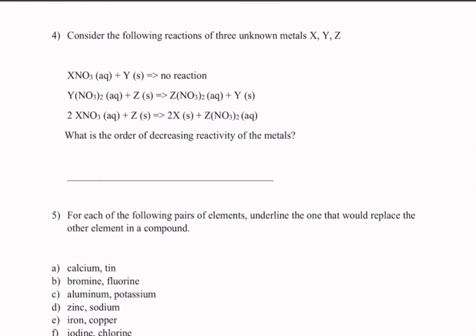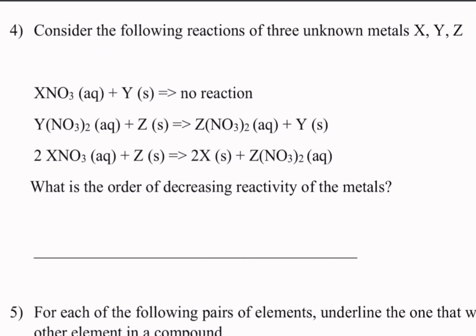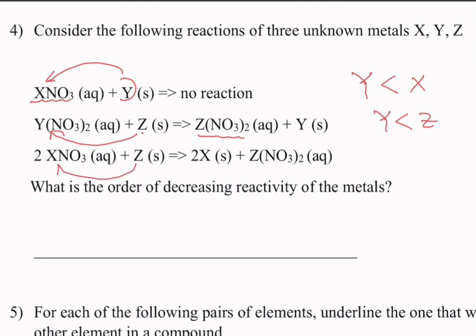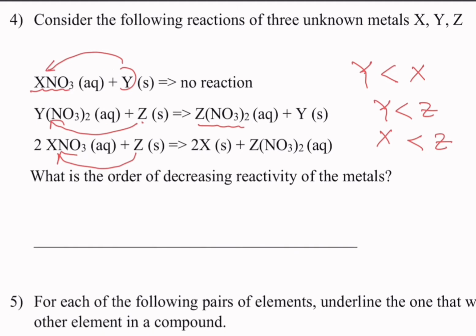Okay, now let's do this exercise. We did it in class, but I want you to do it together. So XNO3, we know that Y couldn't kick out X, that's why X is more reactive than Y. Over here we know that Z kicked out Y, that's why we made this change, so Z is more reactive than Y. And then Z kicked out X, that's why we have this product, so Z is higher than X. Now if we check them out together, we know that Z is higher than anyone.